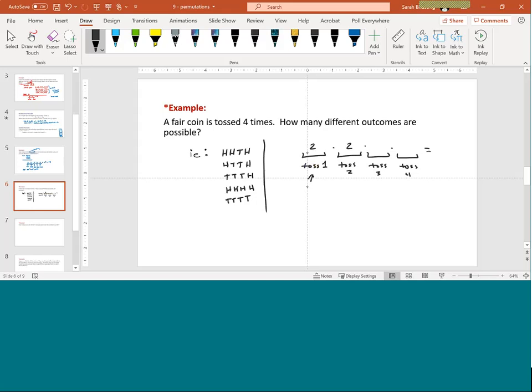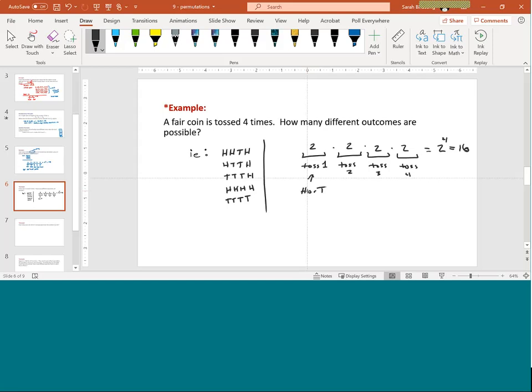Because there was the option of either heads or tails for each toss, you had 2 possibilities, the head or the tail. And that was the same for each of these 4 tosses, so we had 2 options all the way down. Now, putting that all together, that gives you a grand total of 2 to the 4th, or if you actually wrote that out, hopefully you were all thinking, hey, we actually have 16 different little options right here.